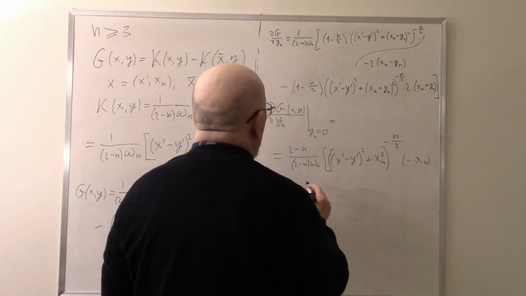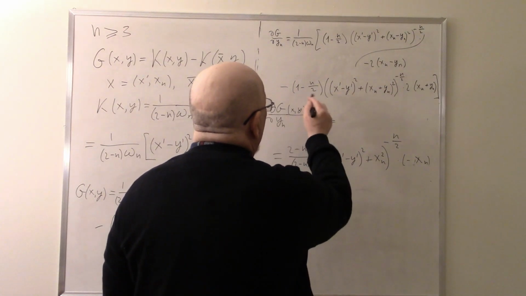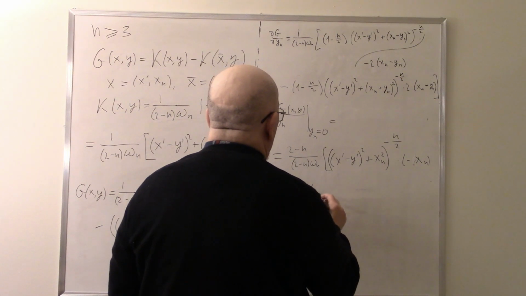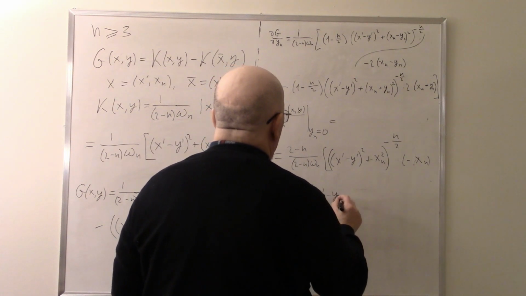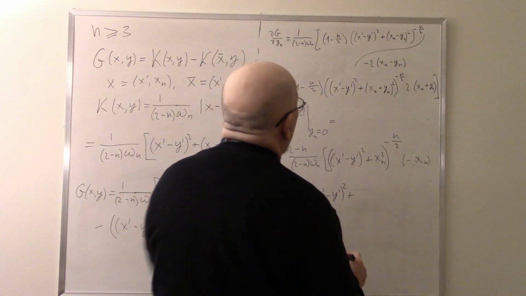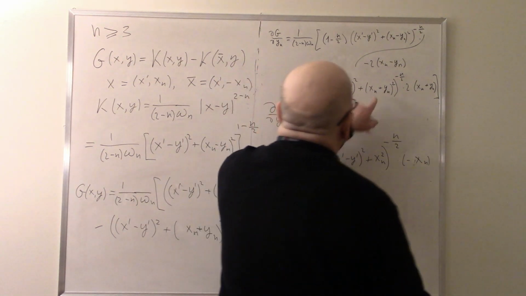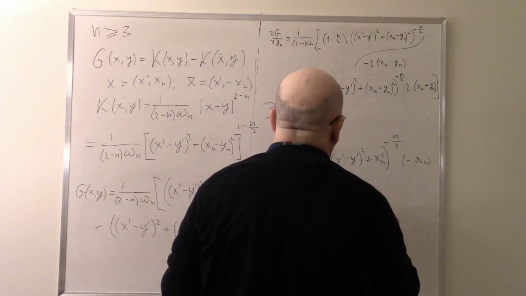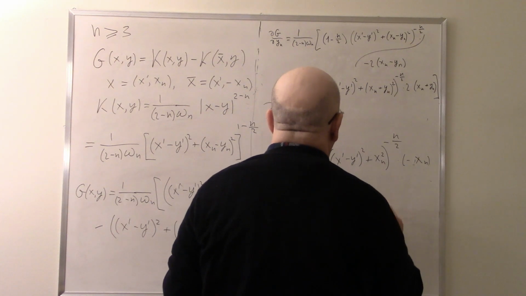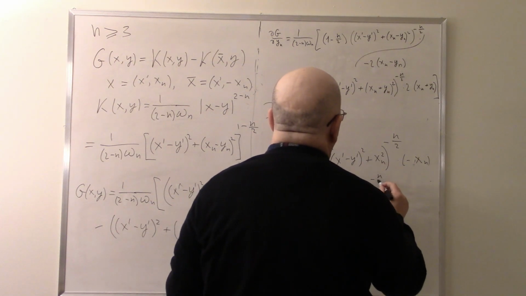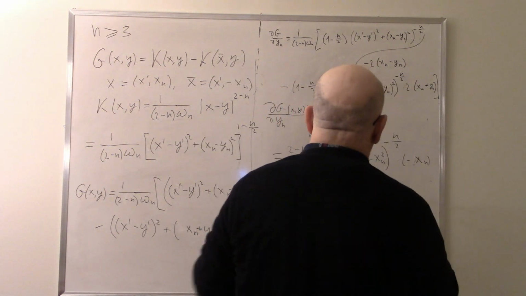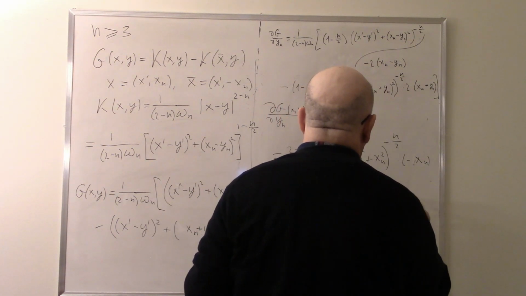Minus again the same factor, (x prime minus y prime) squared plus xn squared, all to the power minus n over 2, times again xn.